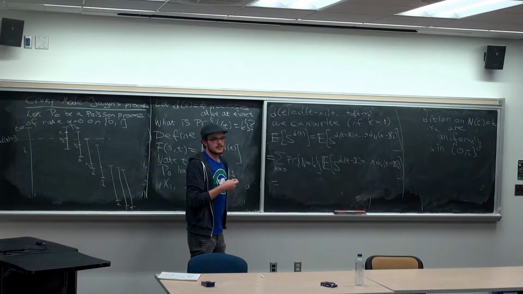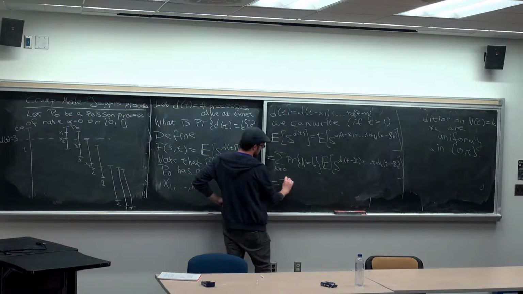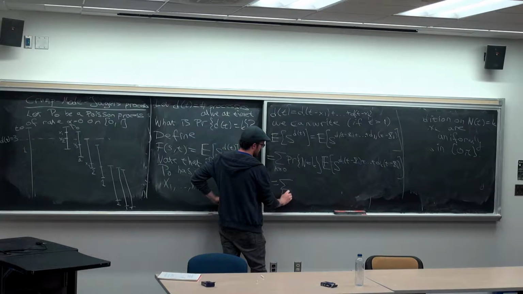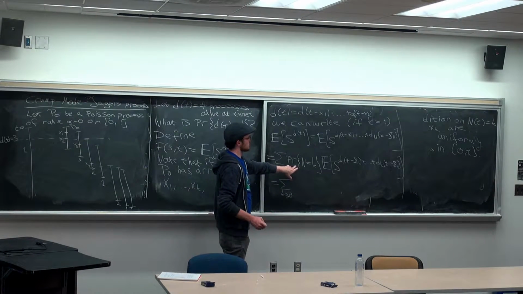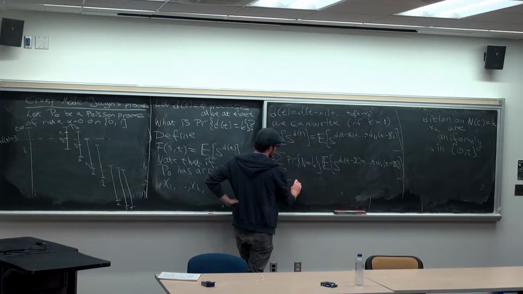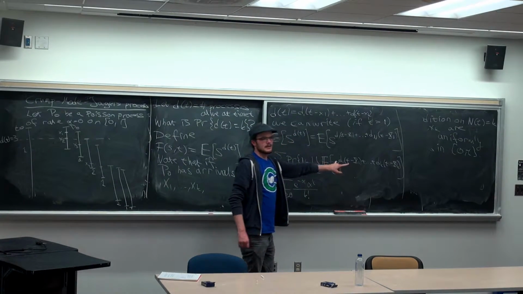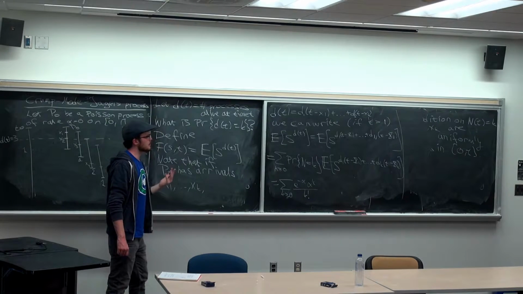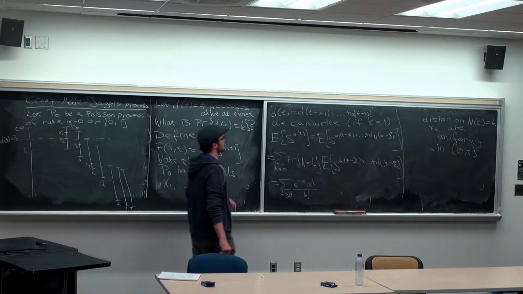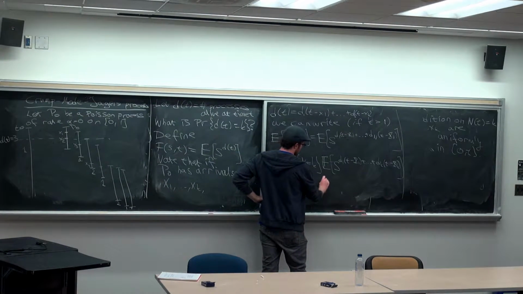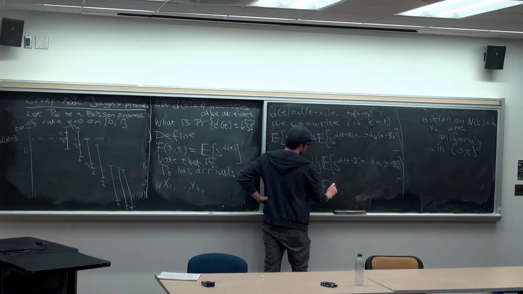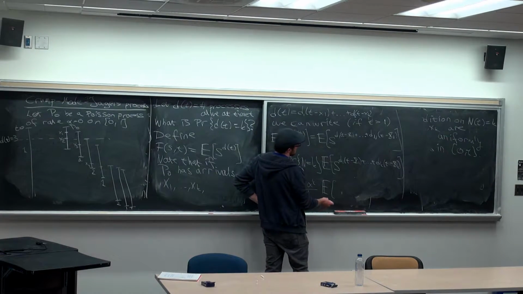The argument is very similar to what we did before. So again, we know the distribution of this is exactly e to the negative alpha times alpha to the k divided by k factorial. And then these are all independent. It's k independent processes. And I never really said what the xi's are.